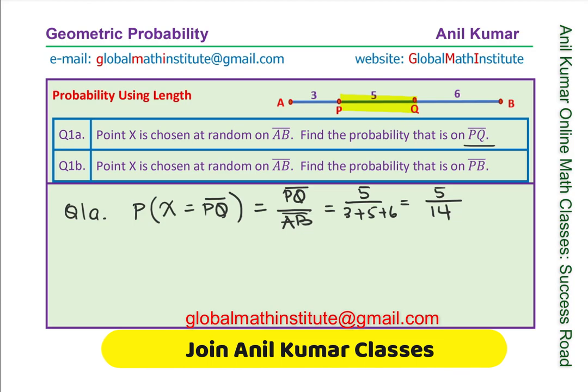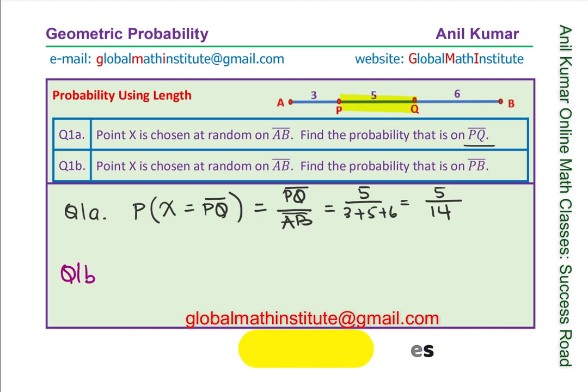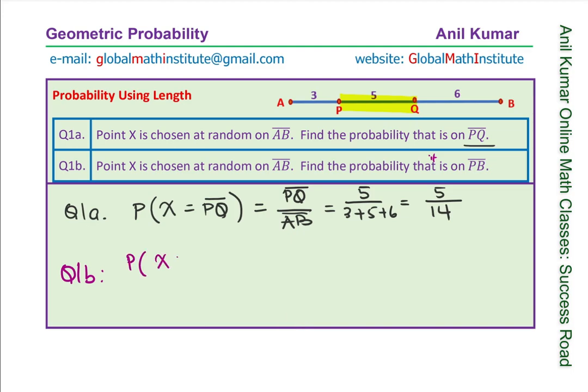Similarly, now you can do question number 1B, which is point X is chosen at random on AB. Find the probability that it is on PB. P to B. So in that case, the probability we want X to be on P to B will be the ratio of these lengths basically.